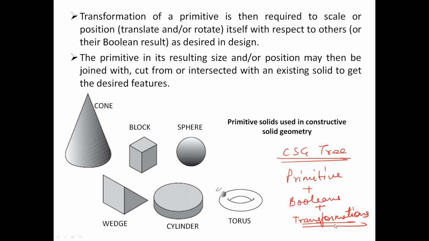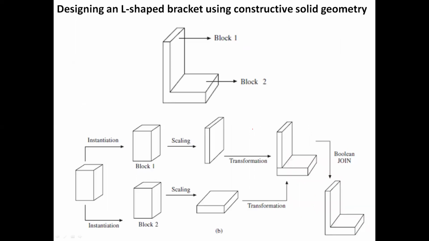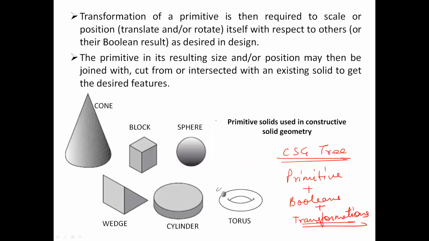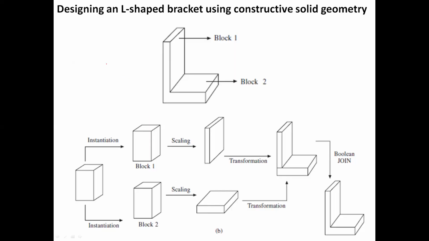So I'll just give you a basic example of how this CSG tree actually works. So suppose I want to create a block. I want to create this complete block, an L-shaped block. So the first thing I will do is go back and select a block. I have selected one block.